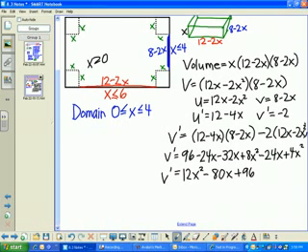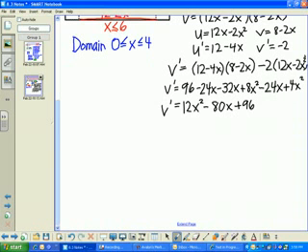And I can find where that is, well, it's again a polynomial, so it's not undefined. So probably to be most efficient, if I factor out a 4 of that.